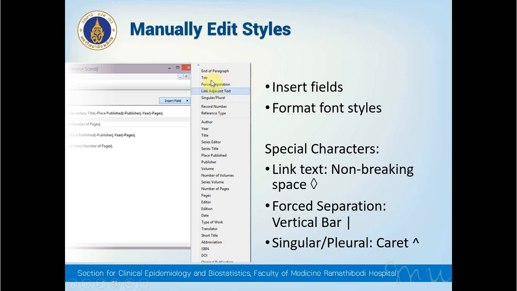It also shows some special things like end of paragraph, tab, forced separation, link adjacent text, and singular plural. Among the things you use often are the link text, which is the diamond-shaped symbol, the forced separation, which is the vertical bar that we see in the Vancouver style, and the singular plural, which is the caret character in this one.